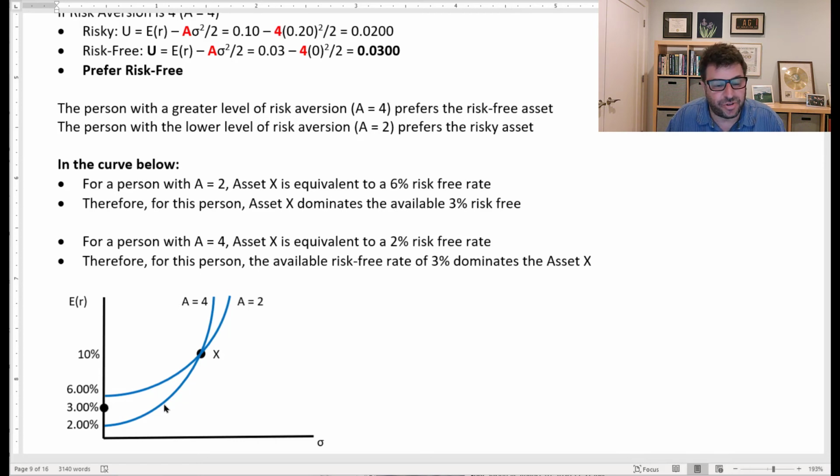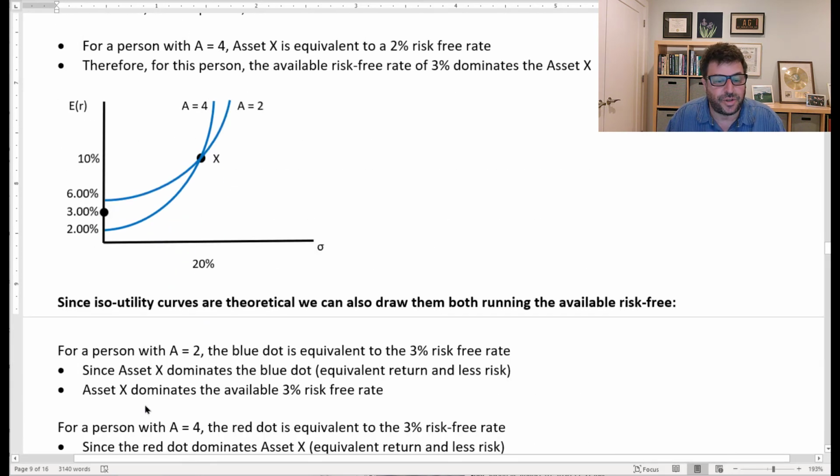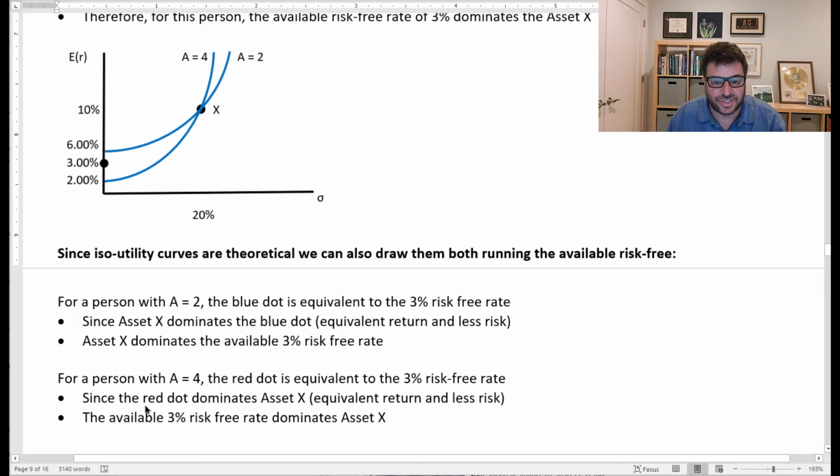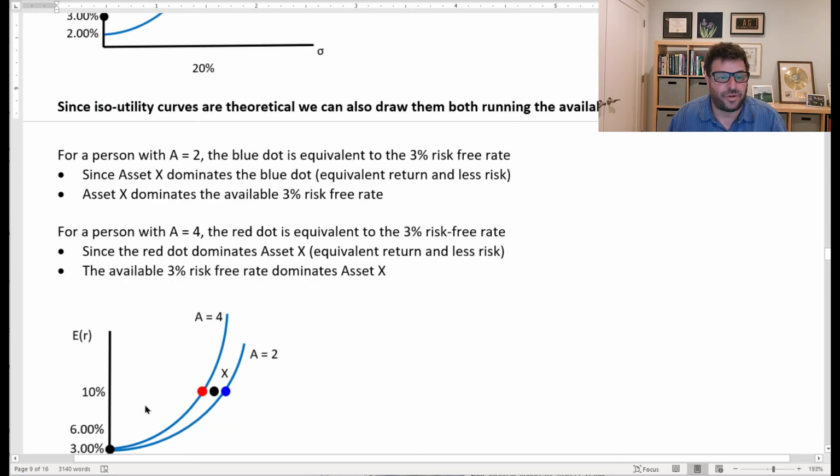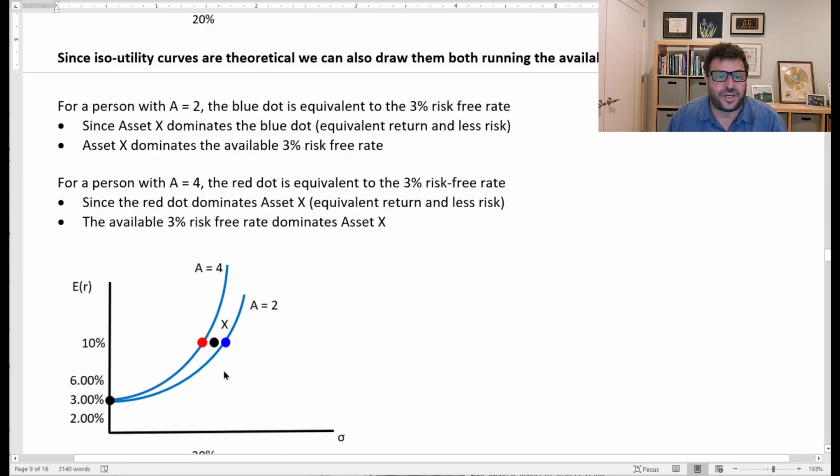And because these are theoretical curves, instead of drawing them through asset X, I can actually draw them through the risk-free. Since iso-utility curves are theoretical, we can also draw them both running through the available risk-free rate. And again, A equals 4 is steeper than A equals 2. And again, I've added a blue line, a blue dot, and a red dot.